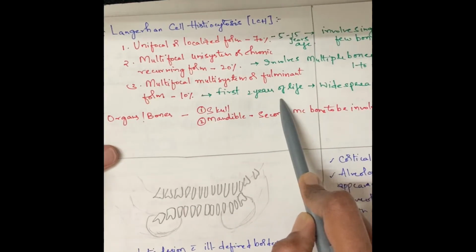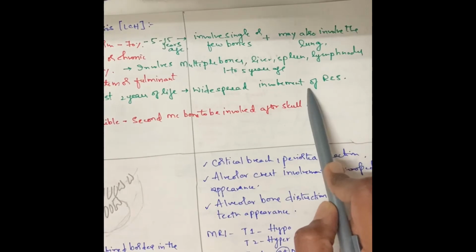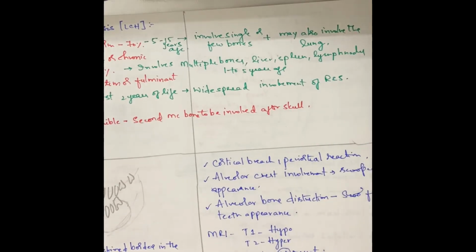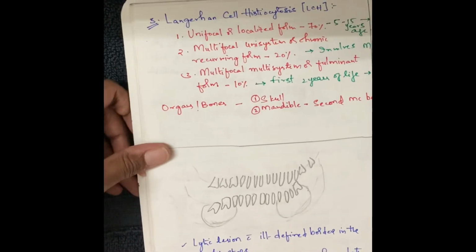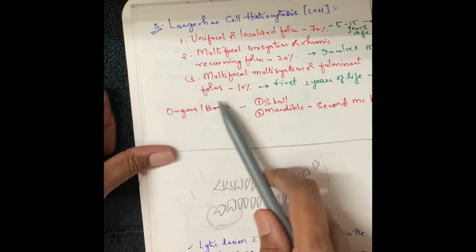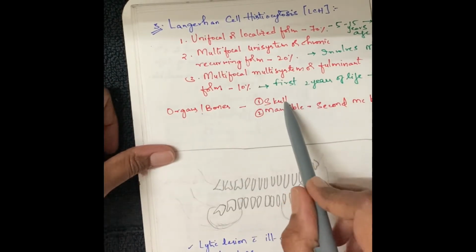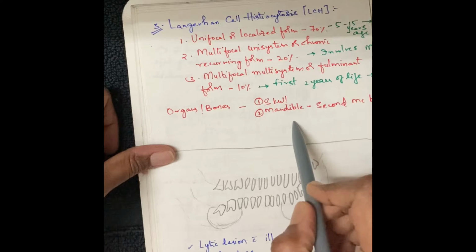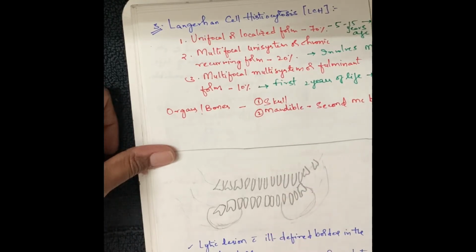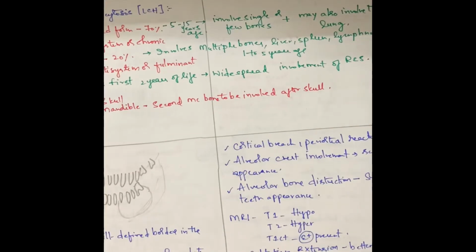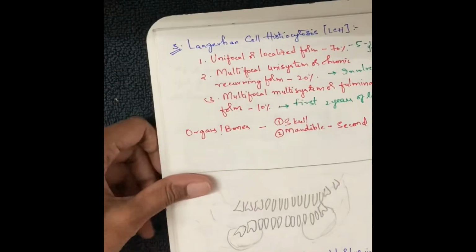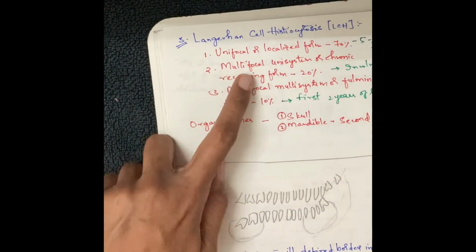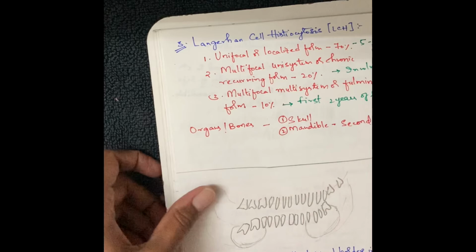It occurs in the first 2 years of life, with widespread involvement of the reticuloendothelial system. Normally LCH involves the skull, and here the mandible is the second most common bone involved after the skull.